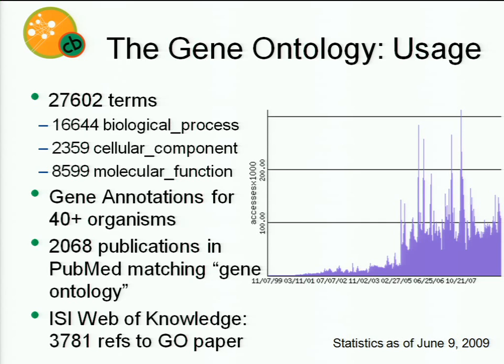There are currently annotations into the gene ontology for over 40 organisms. I did a quick search in PubMed to see how widely gene ontology was mentioned in PubMed abstracts, and I found 2,068 publications, and I did a similar search in the ISI Web of Knowledge, and there are close to 4,000 references to the primary gene ontology paper.